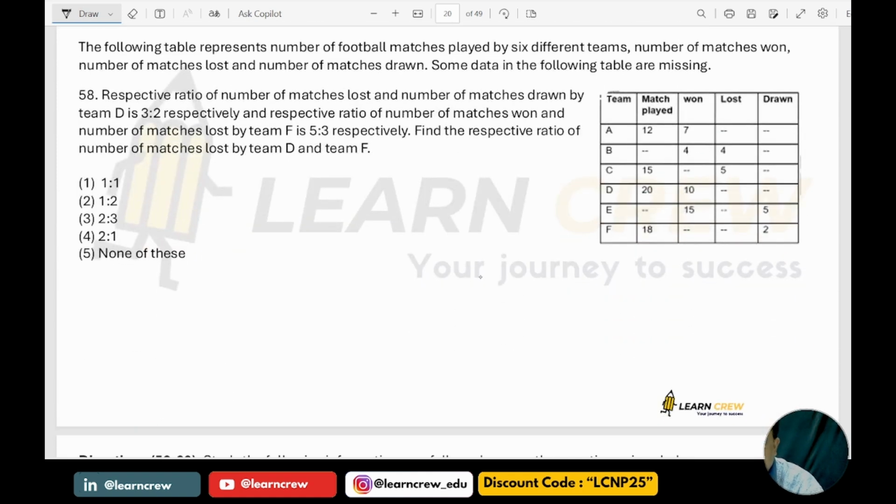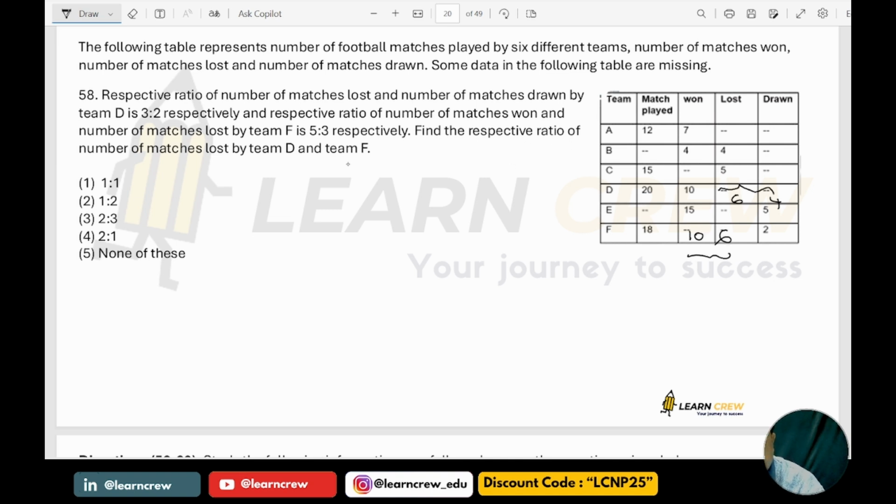Next, question number 58. Respective ratio of number of matches lost and number of matches drawn by D. Lost and drawn, the sum of these two is 10. And they are in the ratio 3:2. It is 6. It is 4. And the respective ratio of number of matches won and number of matches lost by F. Won and lost is 5:3 by F. So if this total is 18, the sum of these two is 16. 16 means it is 10, it is 6.